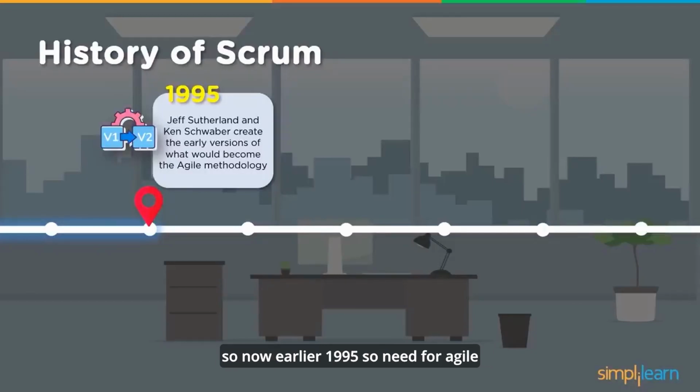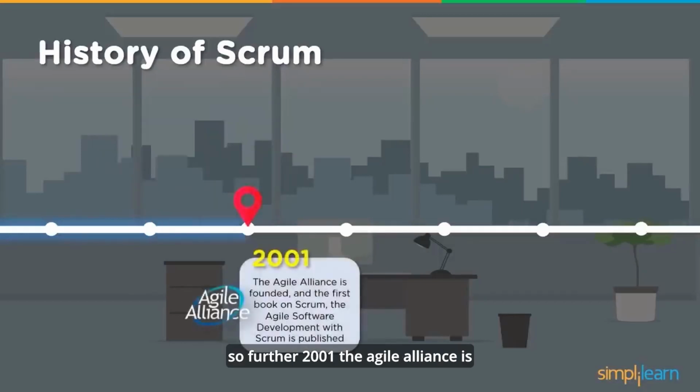So earlier, around 1995, the need for agile was sensed and it was spoken about. Why do we need agile methodologies in future? What would the future organization look like? That would trigger what kind of approaches we may require. Further in 2001, the Agile Alliance was founded and the first book on Scrum, Agile Software Development with Scrum, was published.